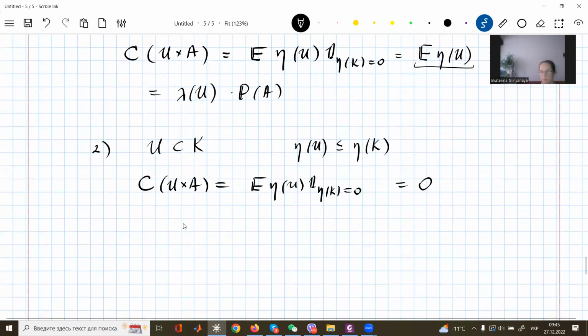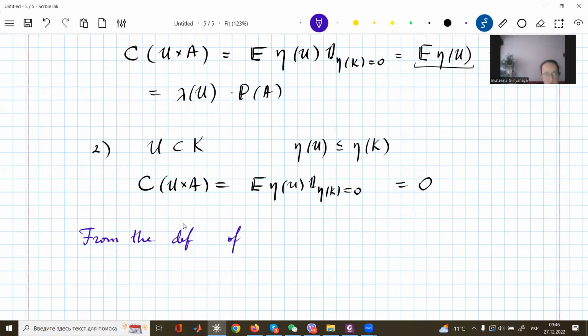So now let us recall what we have from the definition of this probability.